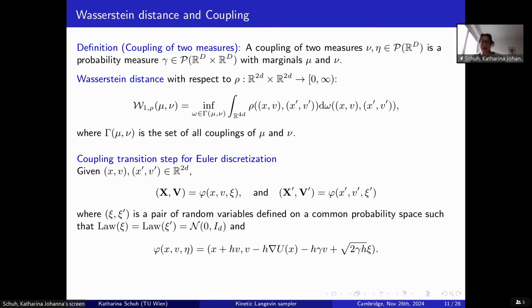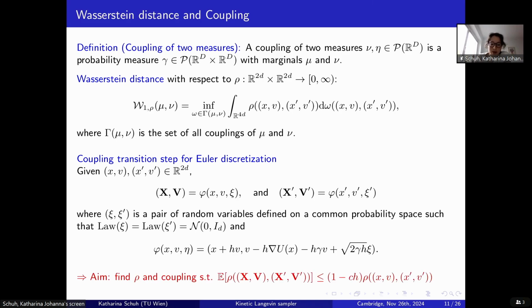But before I come to the discretized scheme, we will have a look at the continuous scheme, because the ideas and the method by which we get contraction there will influence how we do it in the discretized setting.